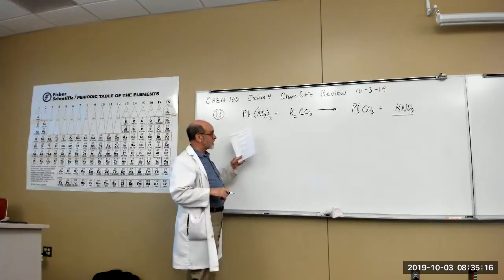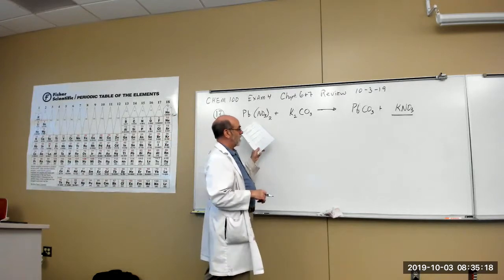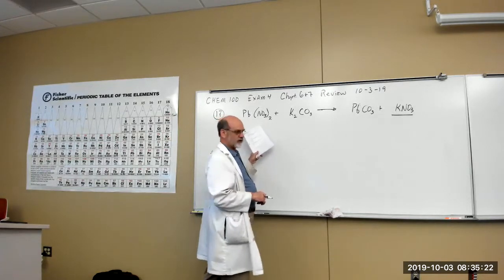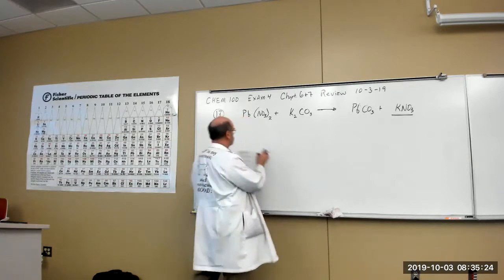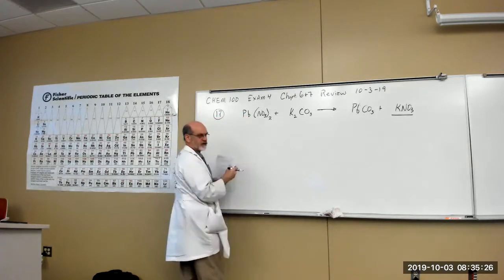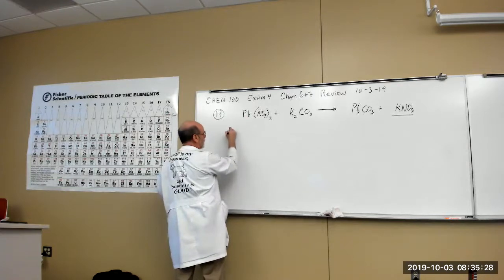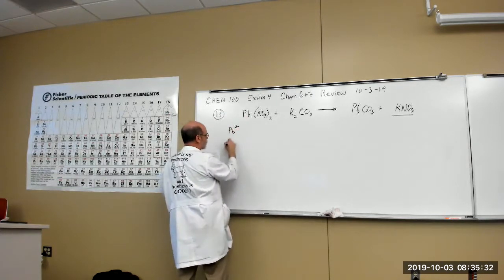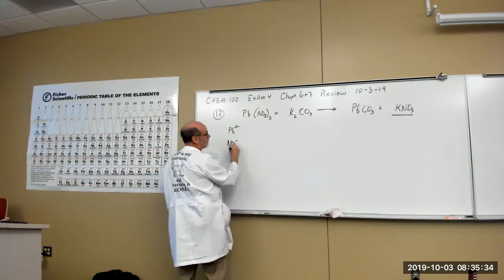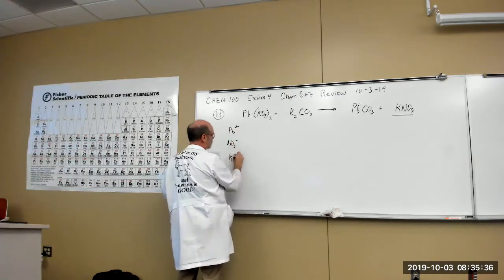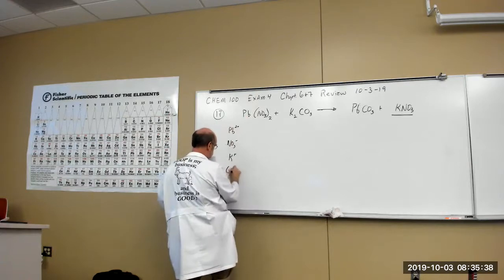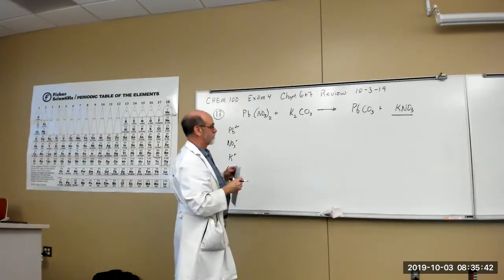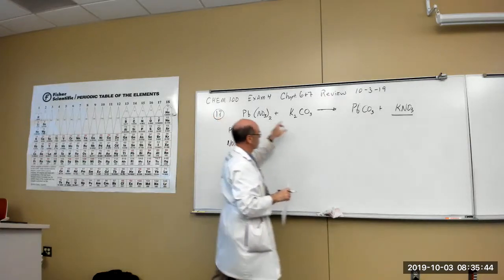If you've got polyatomics on both sides and they remain intact through the reaction, treat them as a unit, right? Treat them as one of your balancing units over here. So we have lead, we have nitrate, we have potassium, and we have carbonate. Okay? And we know because they don't change.